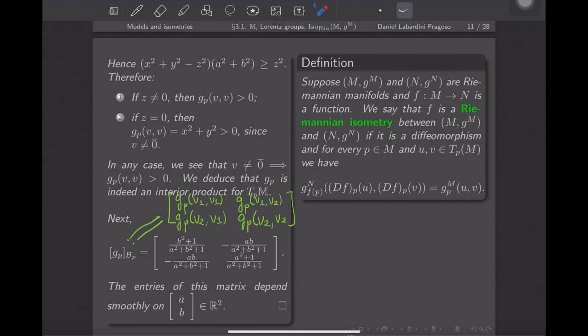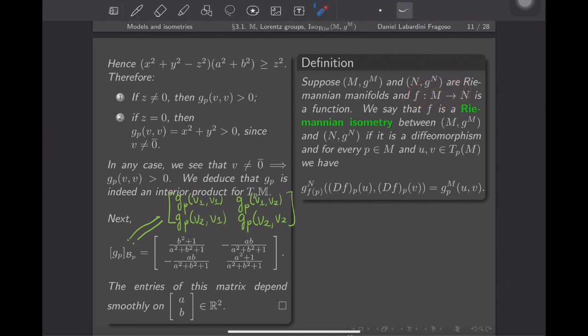Okay, so if I have my two Riemannian manifolds, and if you still have a hard time thinking about a Riemannian manifold in full generality, just think about the hyperboloid with Minkowski's form, I mean, Minkowski form on each tangent plane at the hyperboloid. And then suppose I have a function, let's say from the hyperboloid to itself.